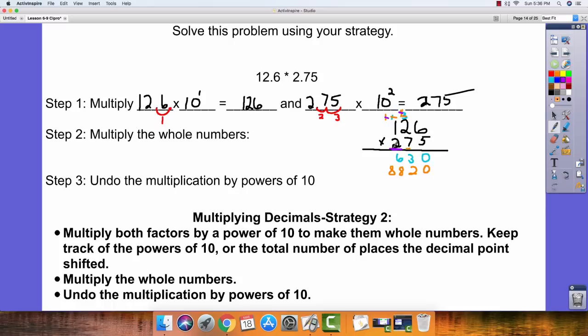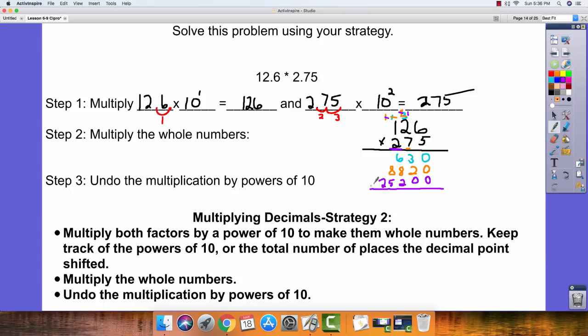And to do that, since this is in the hundreds place, I need to make sure that I append 2 zeros before I start to multiply. So now I can go. 2 times 6 is 12. 2 times 2 is 4, plus 1 is 5. And then 2 times 1 is 2.